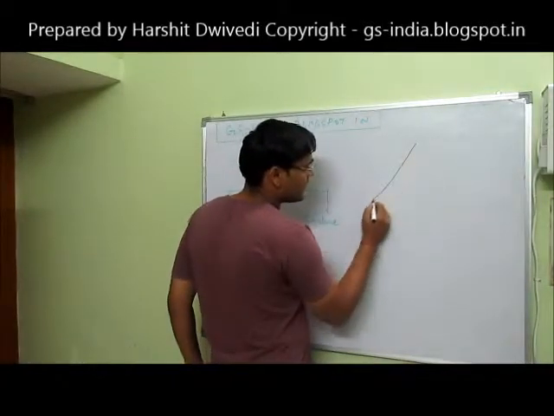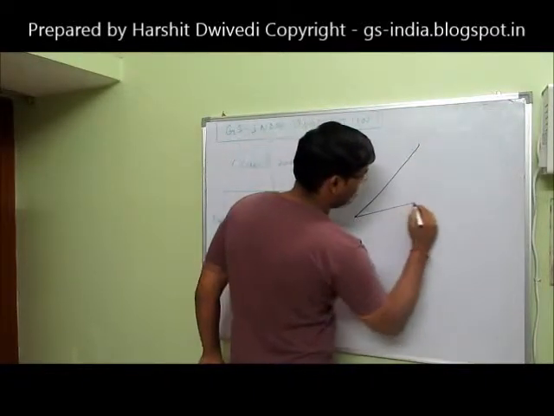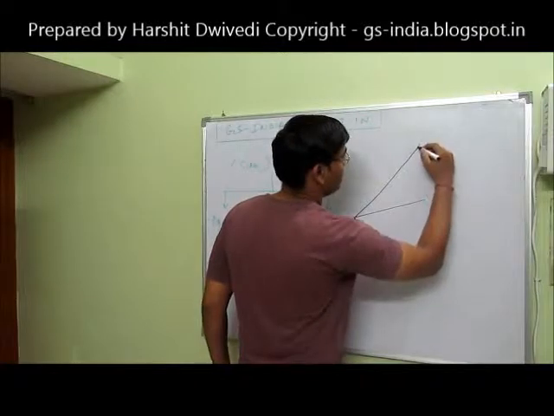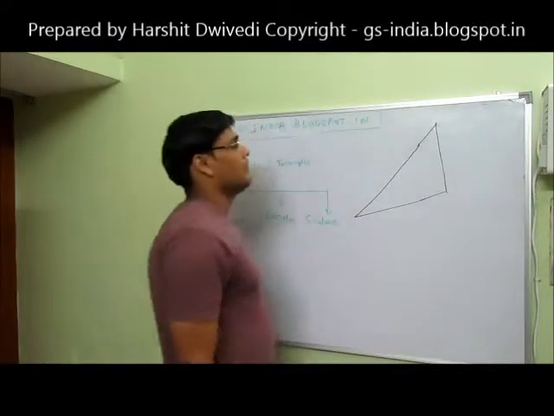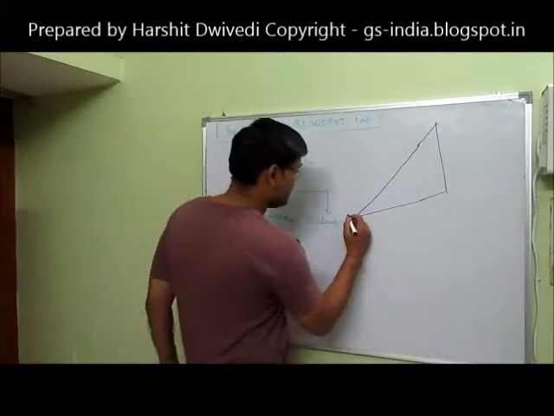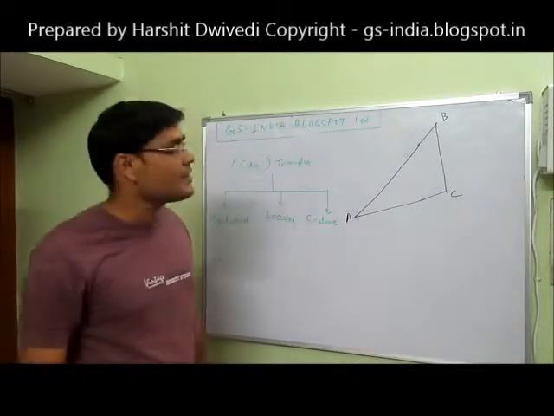Suppose there is a triangle something like this. Now, in this triangle, why did I make this triangle in this manner?